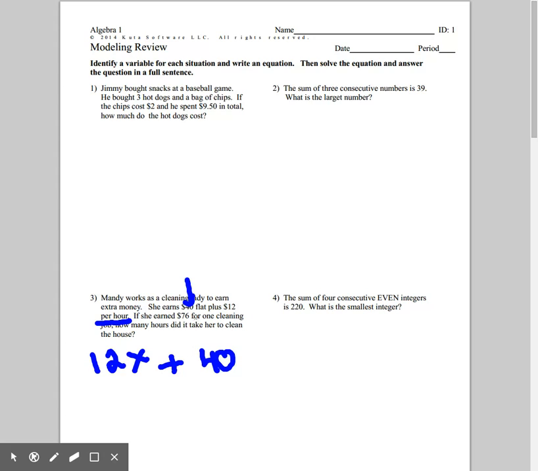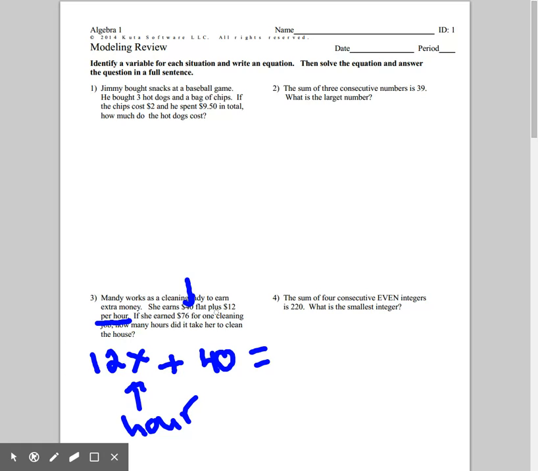If she earns $76 for one cleaning job, how many hours did it take her to clean the house? So think about it. $40, $12 per hour. Our unknown is how many hours, right, that is our x. And look at what Mr. Pullisher said.